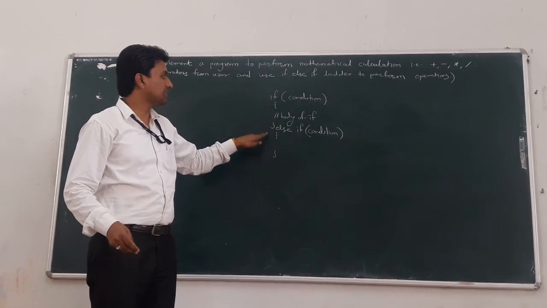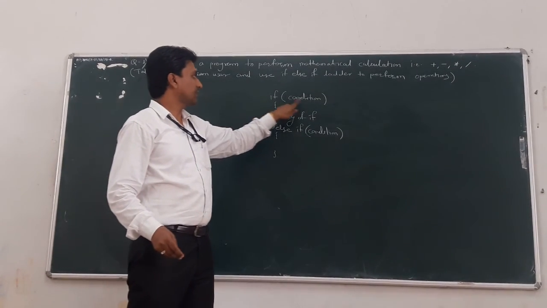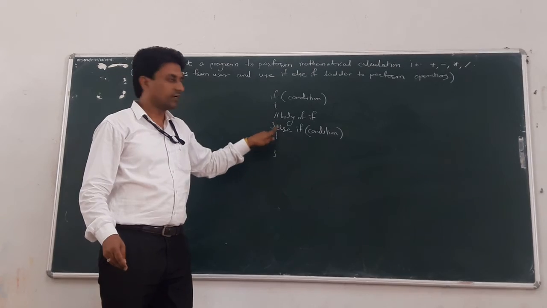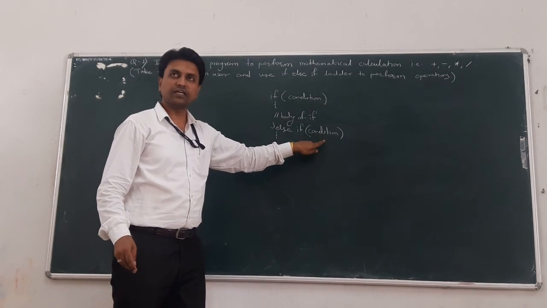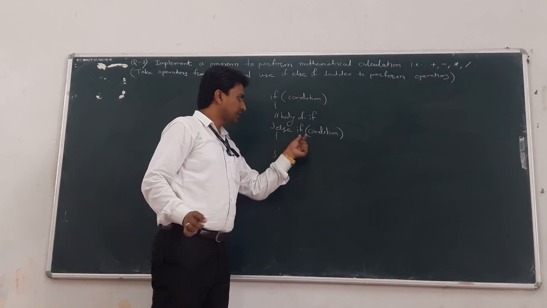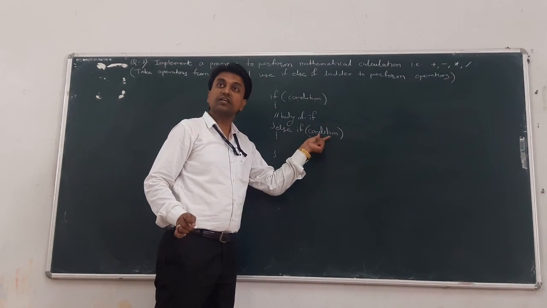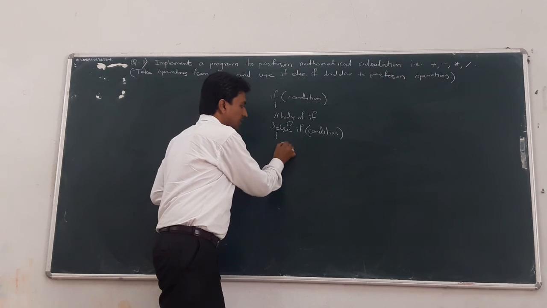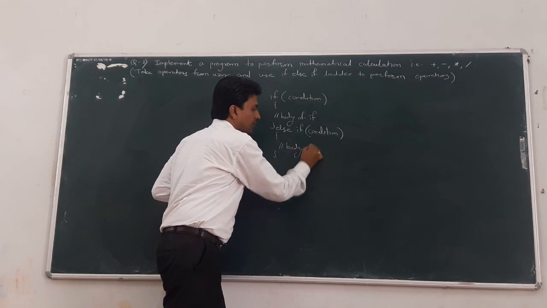First the if condition, then the body of if, next else if condition, and then in the curly bracket the body of else if. Here again an else if having a condition, and here the body of else if.